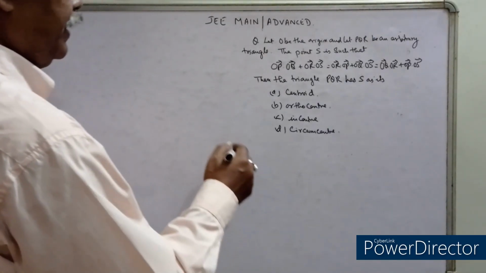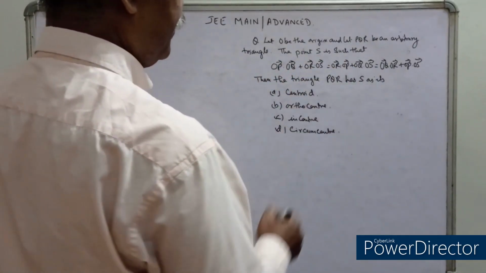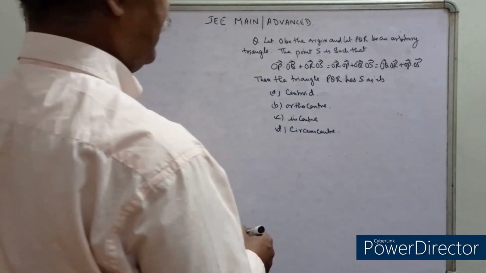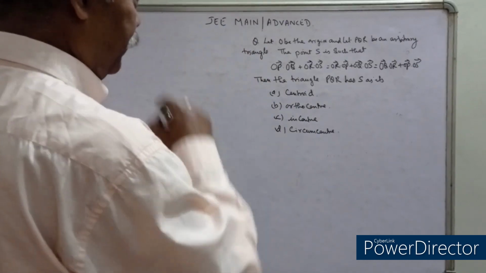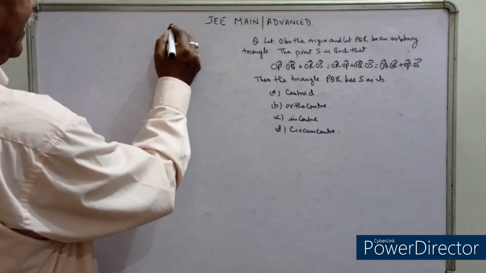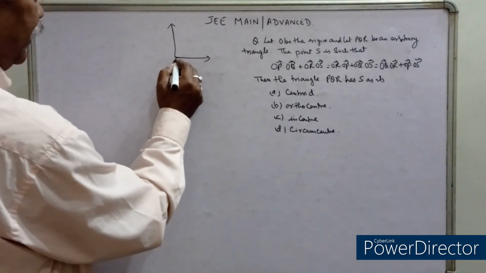Now my next question is: let O be the origin and let PQR be an arbitrary triangle, and S is a point. Your figure is something like this.